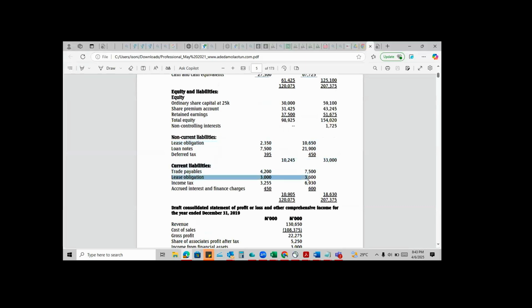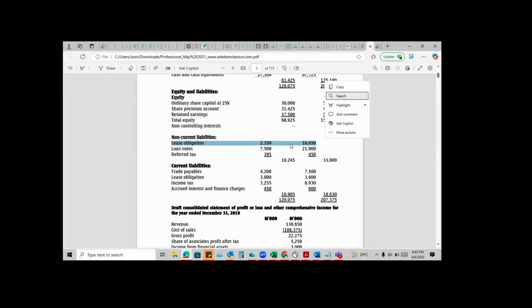So it means that it is just the portion of that lease obligation that is falling due within the year that they are putting under current liability. So I think it's best we treat this under financing activities. All right, let's move on. So I will leave out this one.